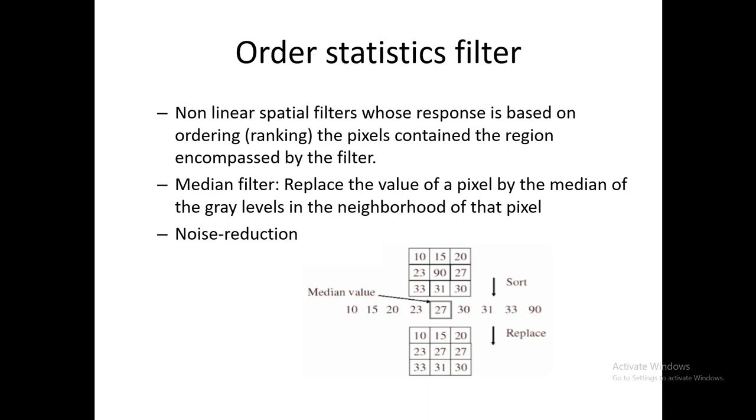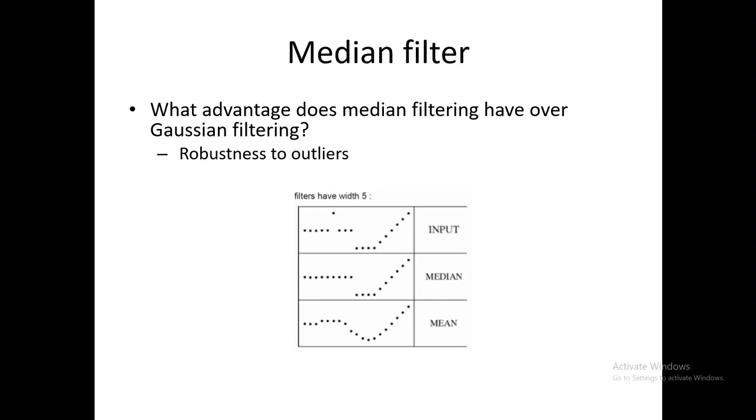We can see here we have pixel values in a 3x3 window, or 3x3 neighborhood, and the center pixel value is 90. In the case of the mean or average filter, we take the average of the values in this window. However, here we sort and get the median value, and the 90 is replaced by this 27. The advantage of the median filter over the Gaussian filter is that it's robust to outliers.